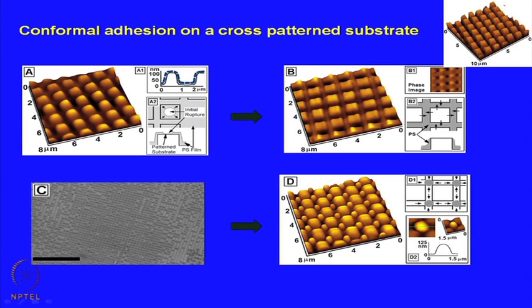If you take a more complex template like this, with a 2D ordered array of square pillars, and make a sample exactly following the same route, with the conformal adhesion, you can have some very nicely arranged dewetted droplets.